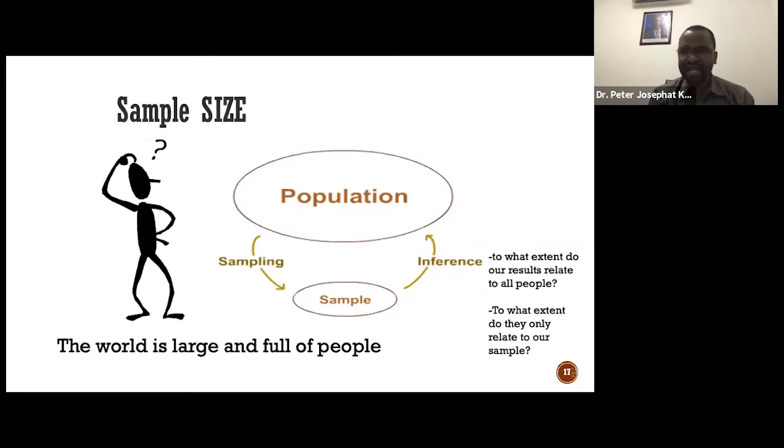Then if you make an inference to the population, people might doubt your results. Another issue is to what extent do the results only relate to our sample? So these are the big questions that we need to consider and be very careful about.